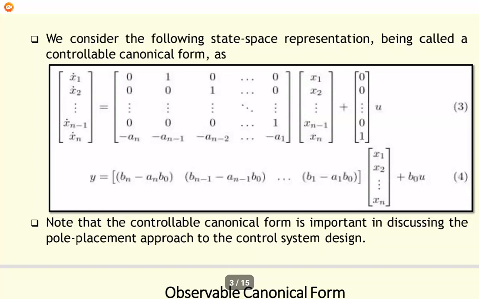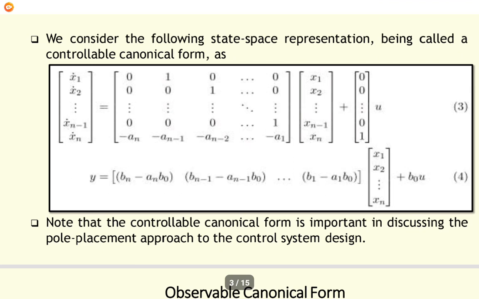This is the output matrix, generated as the C matrix. Multiplied by the X matrix, x1, x2, and so on up to xn, that is, n state variables, plus b0 into u. This should be kept in mind.